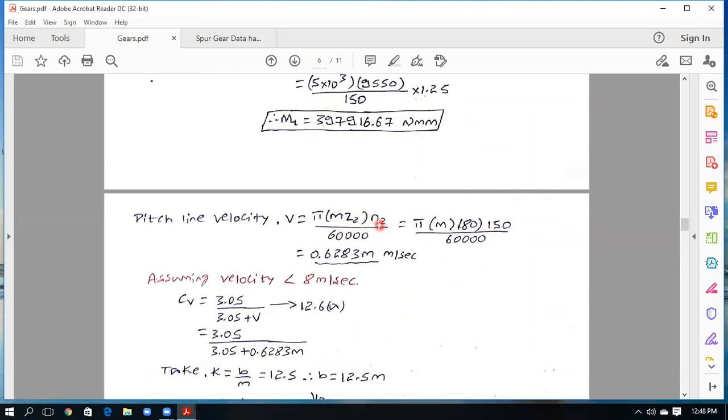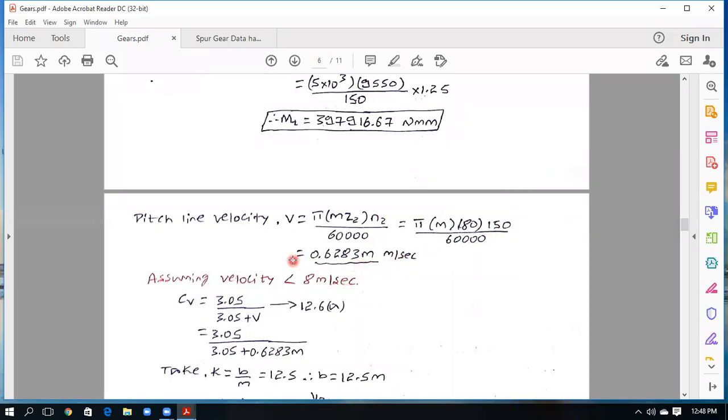If you are designing for the weaker member, the pinion, it will be m z1 n1. In this case, the module is not given, so keep it like that only. Z2 is calculated and N2 is also calculated. Substitute both values: Z2 is 180, N2 is 150. After that, it will be 0.6283 into m.